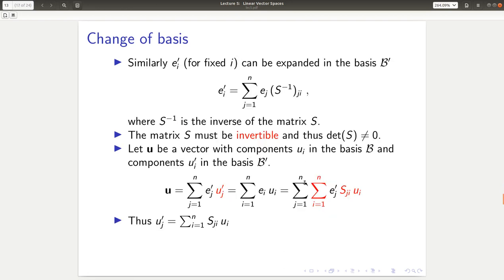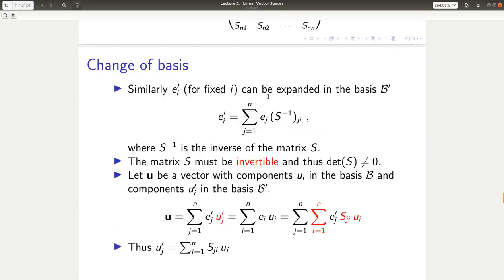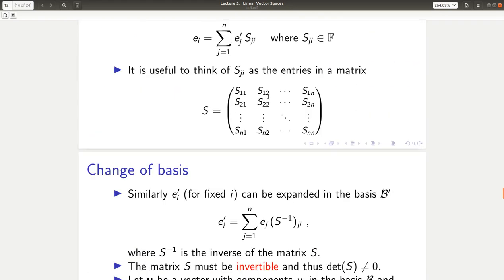Okay, so we can also do the opposite. e_i prime, for fixed i, can be expanded in the basis B, not B prime. I could have put a new matrix here, but it turns out that it has to be the inverse matrix. The way to see that is you go back to this equation here, substitute e_j here, and then you should basically get e_i prime equal to e_i prime.